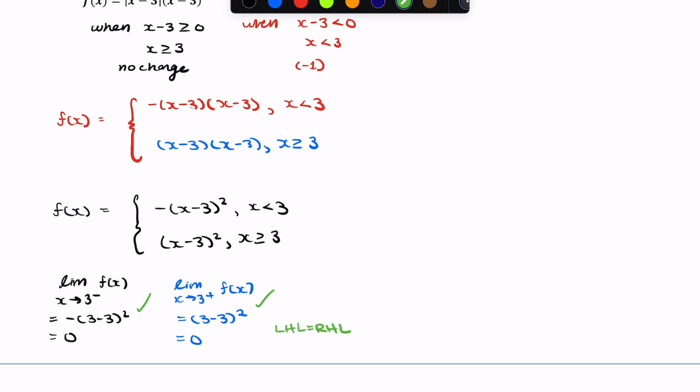Okay, so again, it is a polynomial here. So what does that mean again? Each piece is continuous.